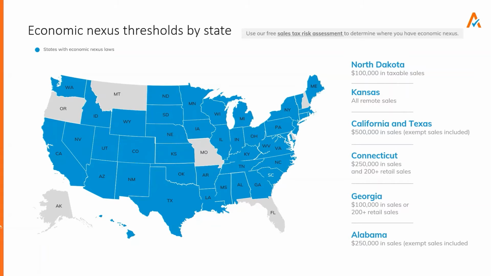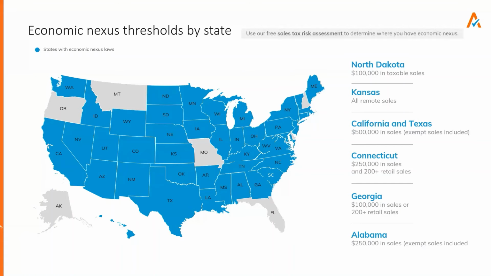A lot of the states were losing out on a ton of revenue, because just because a business wasn't physically in their state, but they were able to ship into their state, they weren't having to collect sales tax. And so with economic nexus, the states can set at a state level what they deem as substantial economic presence.